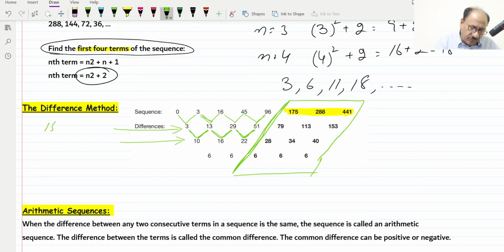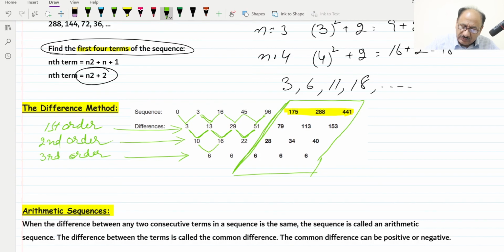This is first order difference, and this is second order difference. And we can see that the second order difference, which is 10, 16, and 22, is also not the same. So we will go for third order difference. So third order difference is this one, 16 minus 10, 22 minus 16, and now you can see this is 6 and this is also 6. We found third order difference the same.